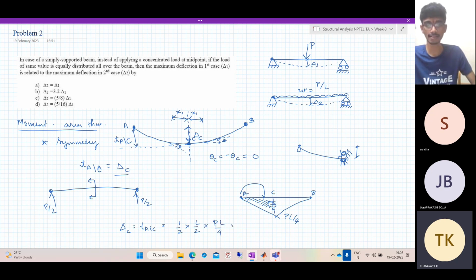And where does it act? 2/3 from this vertex, 2/3 of L by 2. So this 2 and 2 will get cancelled. So you will get PL cube by, okay, this is moment.